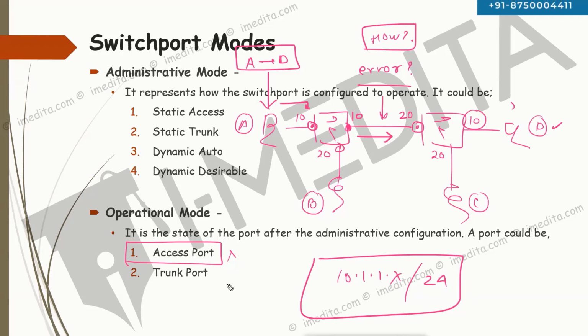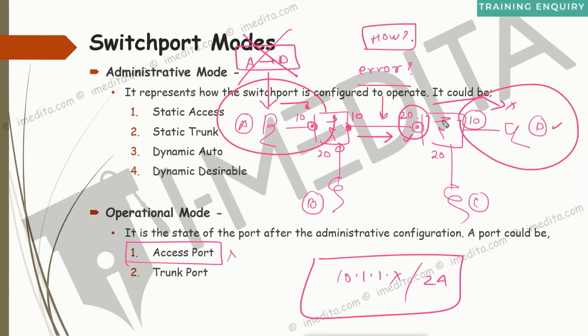There will not be any tag or any information on the data that says that the traffic belongs to VLAN 10. Traffic will be received onto this port, an access port configured in VLAN 20. So the traffic cannot go from this port to this particular destination. That means this communication will not happen, even though these belong to the same VLAN. Right?